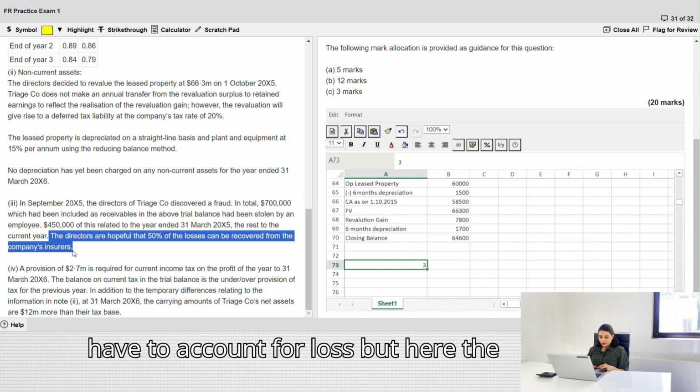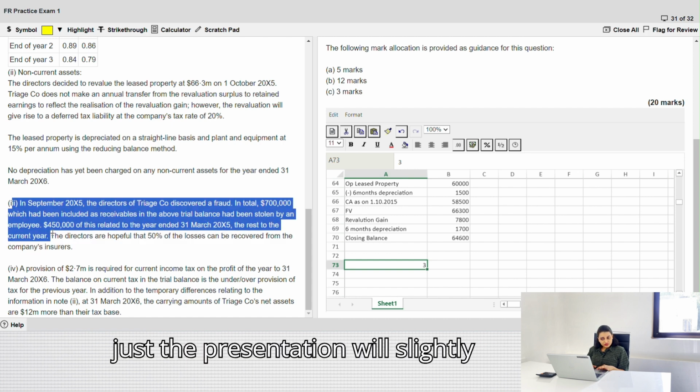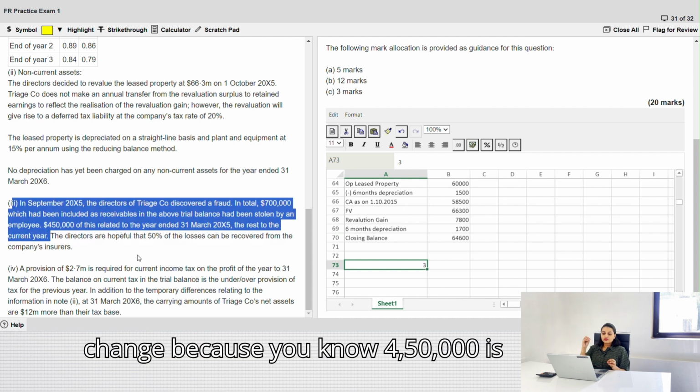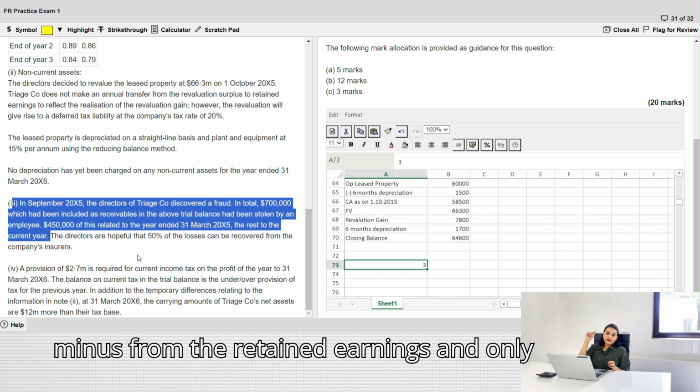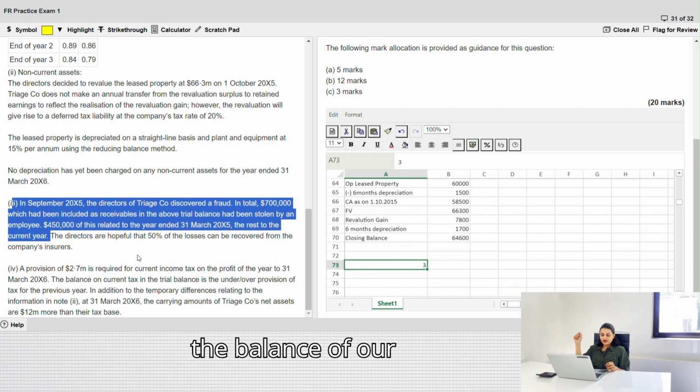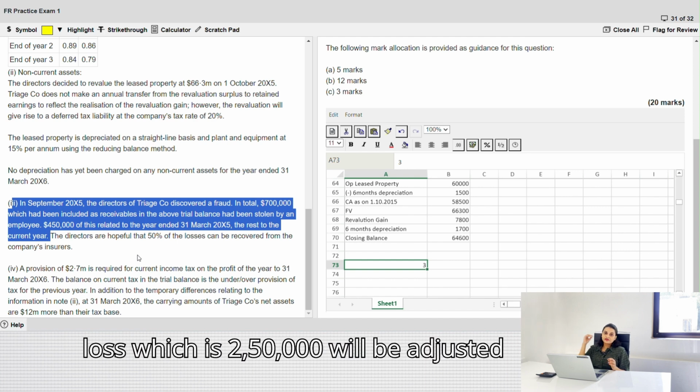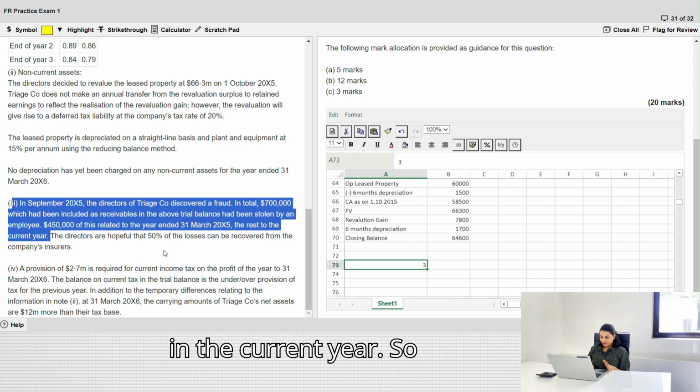Only have to account for loss. But here the presentation will slightly change because 4,50,000 is prior period. So this will have to be minus from the retained earnings and only the balance of our loss, which is 2,50,000, will be adjusted in the current year.